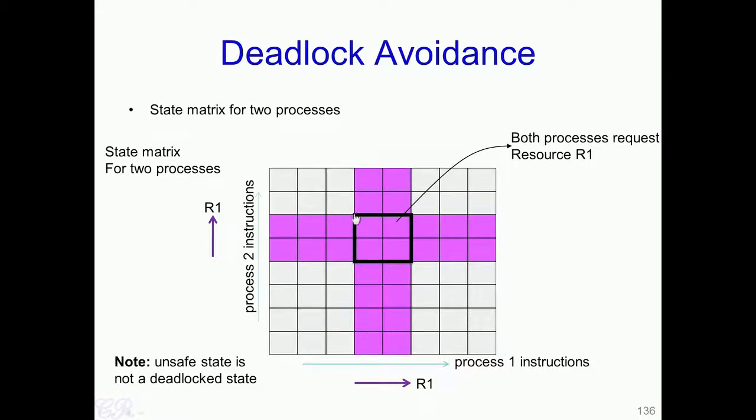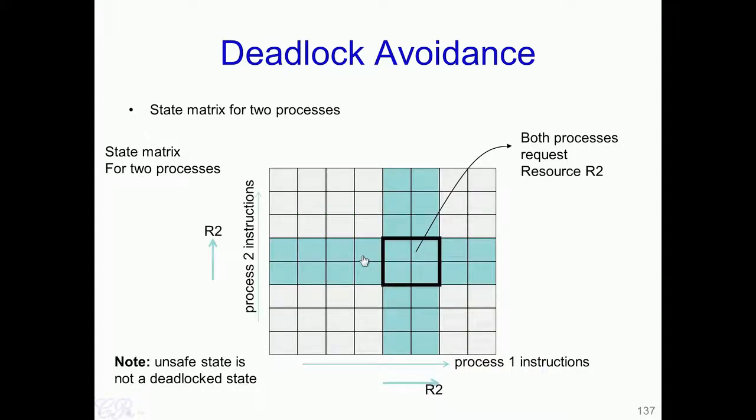Now, this intersecting square is the region where both process 1 as well as process 2 require resource R1. So, this intersecting square, represented by the intersection of these two regions, corresponds to the instructions in both processes that request resource R1.